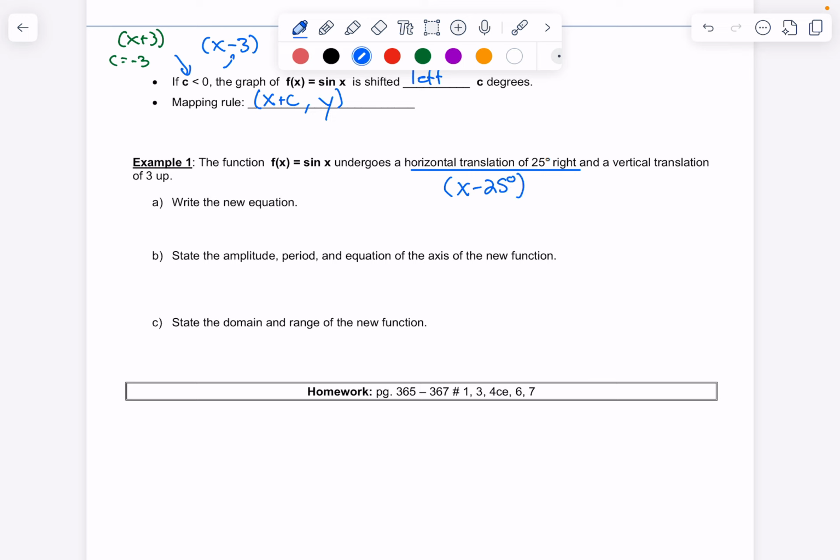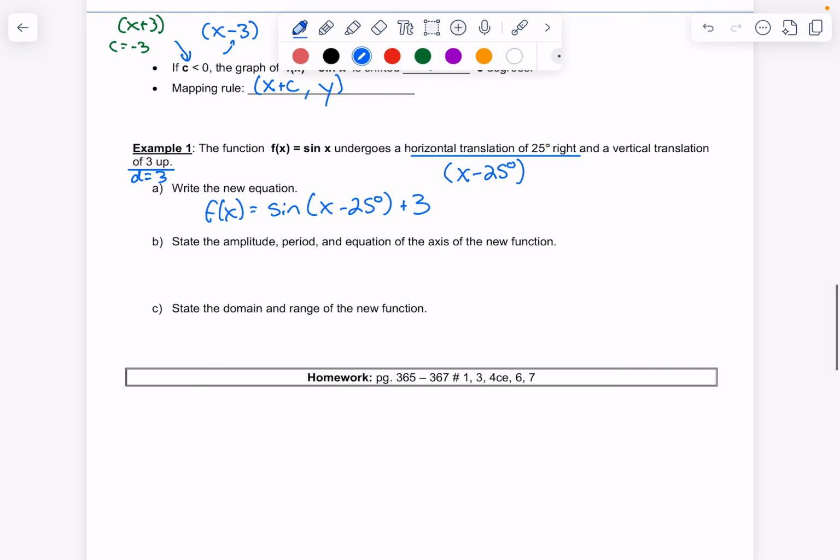Because you want to go to the right. And then 3 up, this is saying your d is 3. So if we write our new equation, f of x, well, it's going to be sine in brackets, x minus 25 degrees, plus 3, because you're going up.